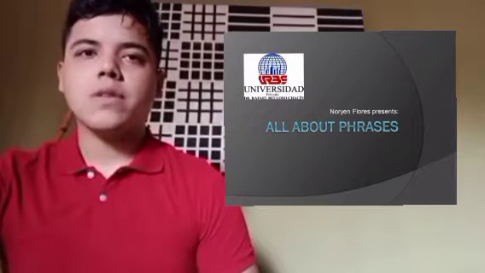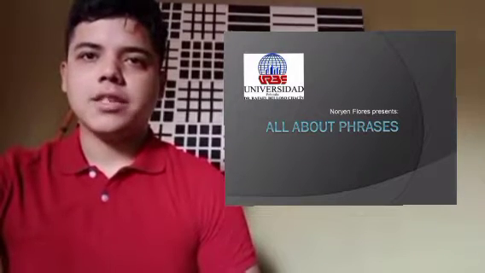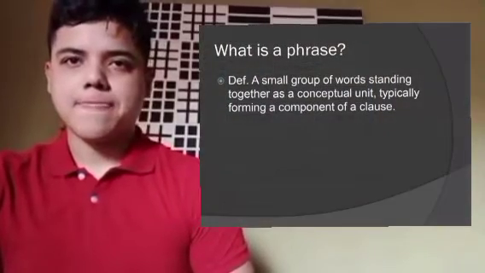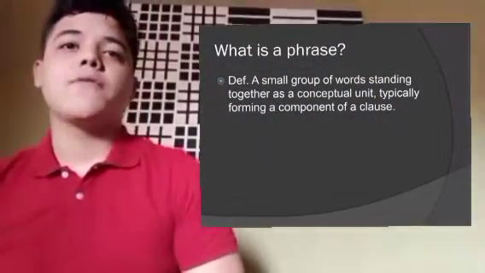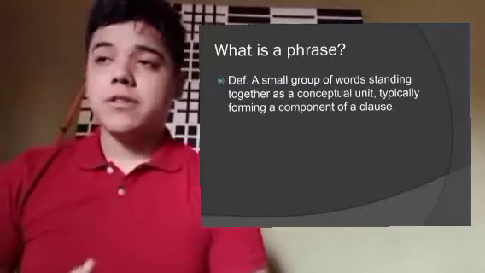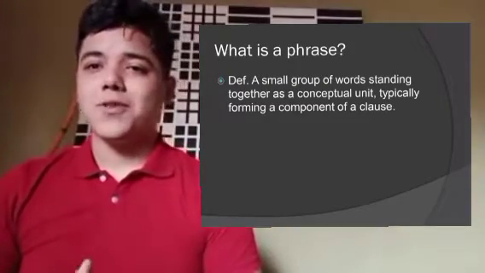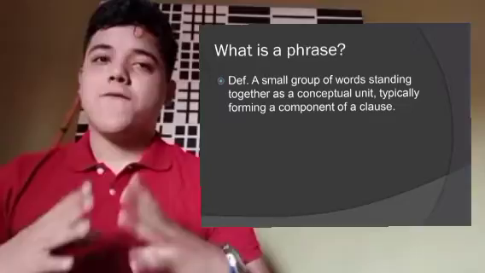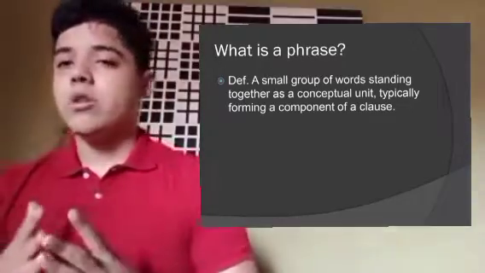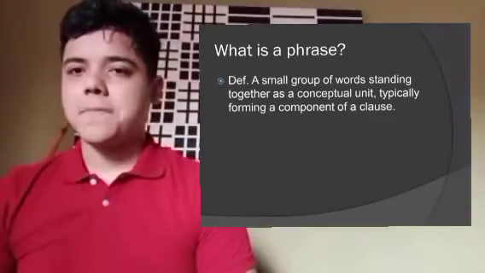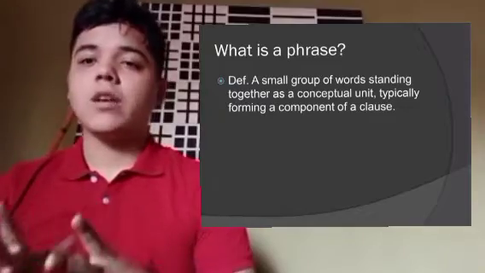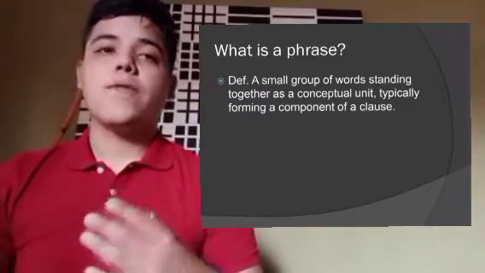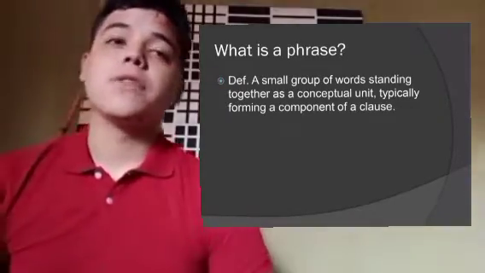So if we go with the first slideshow, we find the definition of a phrase. We cannot start to study about phrases if we don't know what a phrase is. So if we look up in the dictionary, we find the following definition.